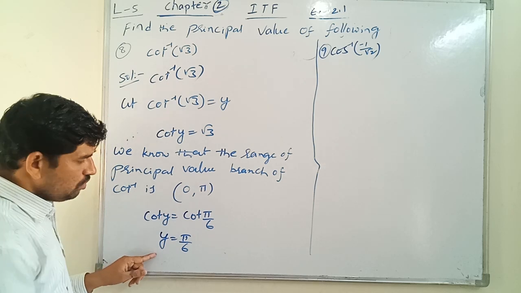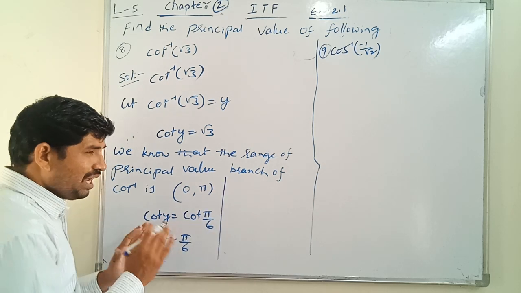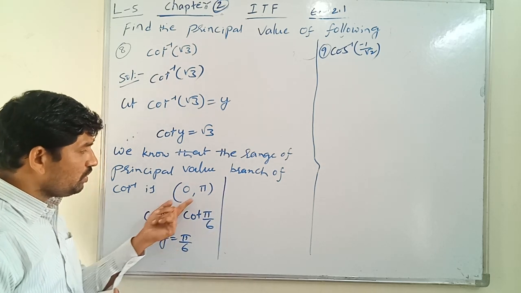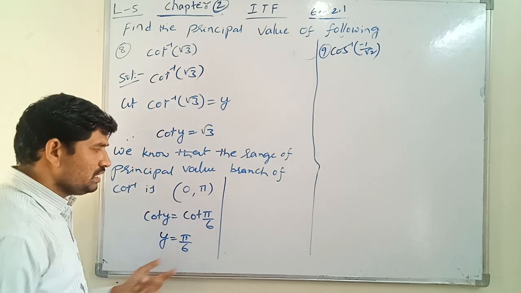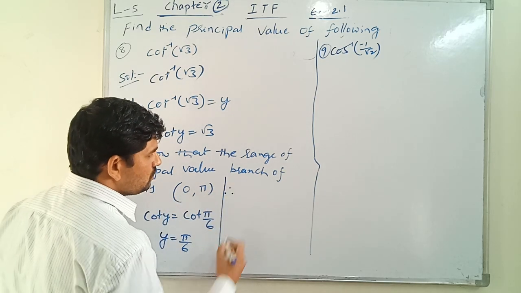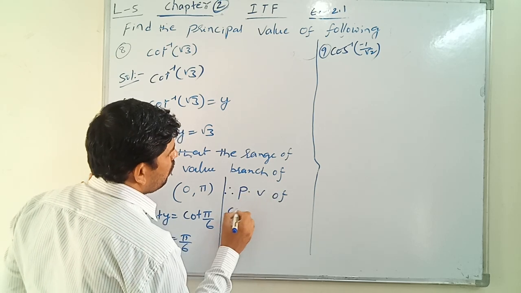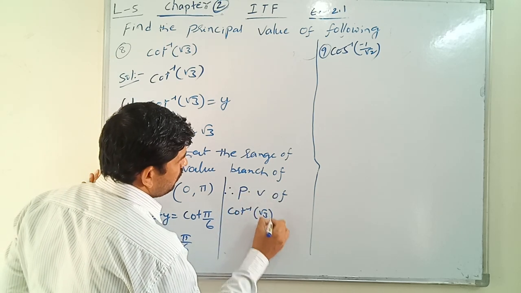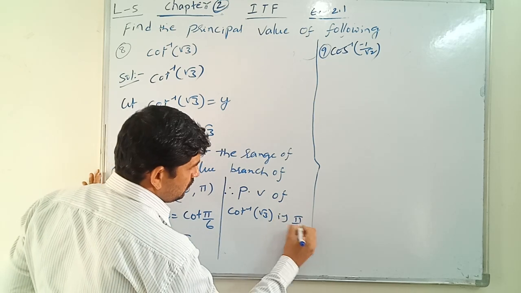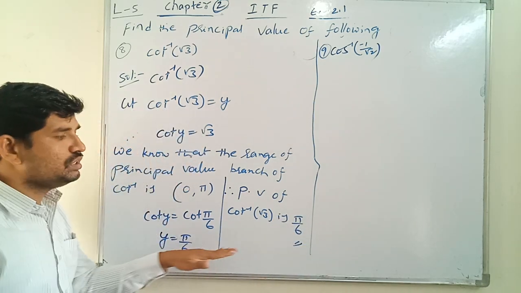After having pi by 6, we just have to check whether it is in this interval or not. So therefore we can write the answer: the principal value of cot inverse root 3 is pi by 6.